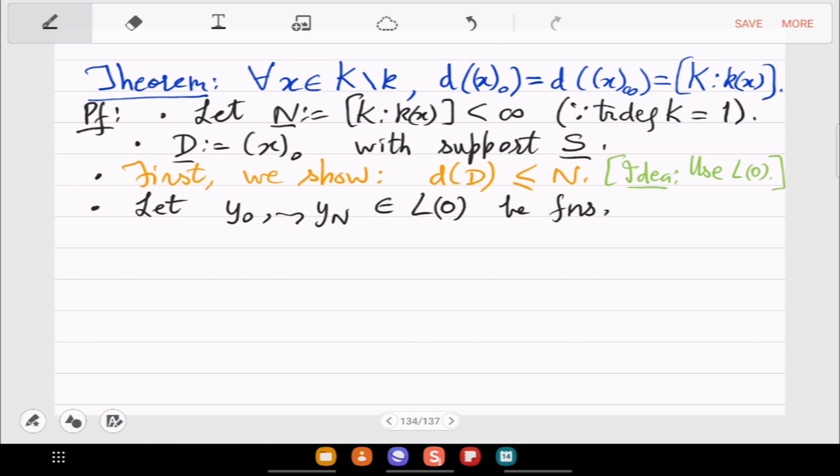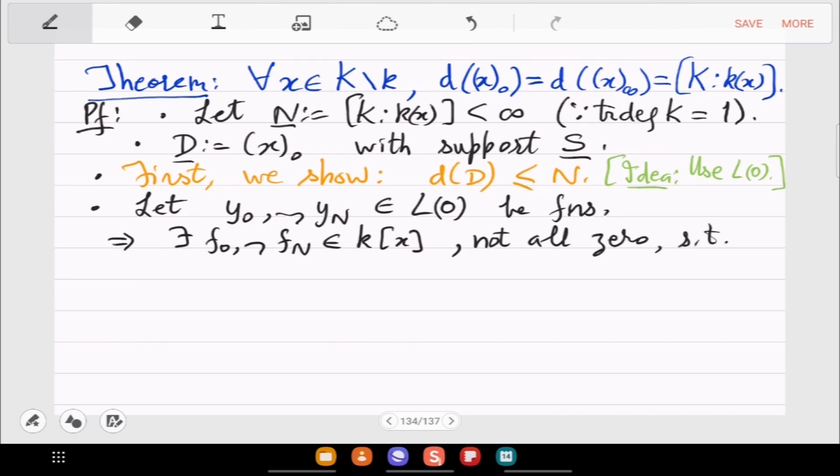Obviously they live in the function field big K, and since they are n plus 1 many, they are linearly dependent. This means that there exist f0 to fn, polynomials in one variable x, not all 0, such that the sum of fi yi is 0. This is just by the definition of n.